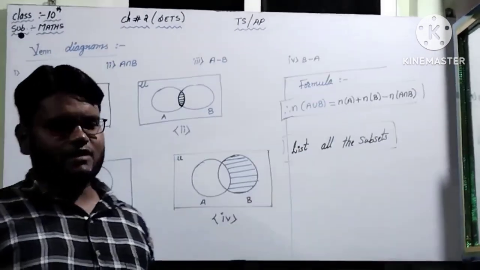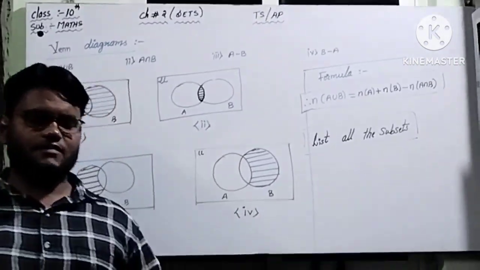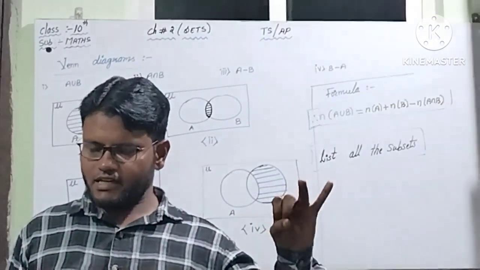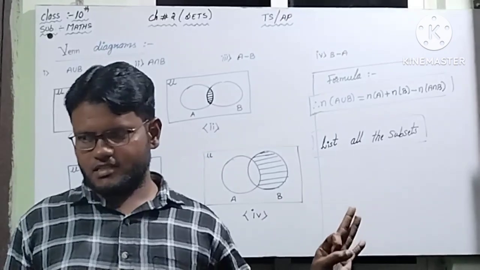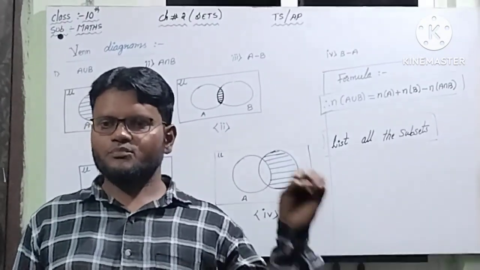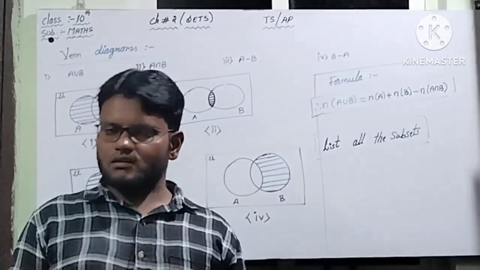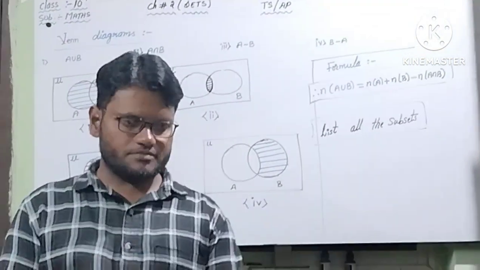I will explain this in the problems. First I will show the important problems of union, intersection, and difference, and next subsets, and some more problems on roster form, set builder form, and cardinal number. These problems I will show, and then your chapter will be completed.